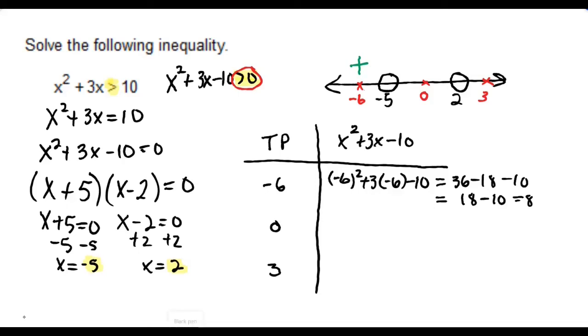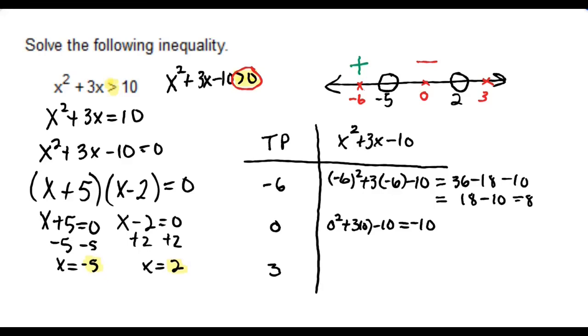Let's continue with the next test point. We have a test point of 0, and in our expression, that's 0 squared plus 3 times 0 minus 10, which works out to be negative 10. So in the middle interval, our expression is negative.